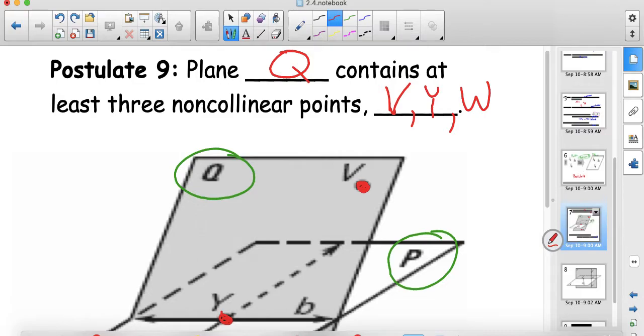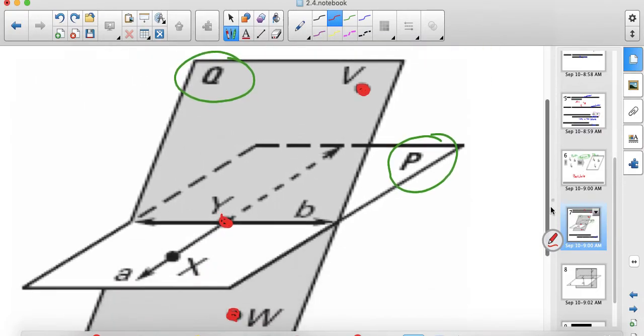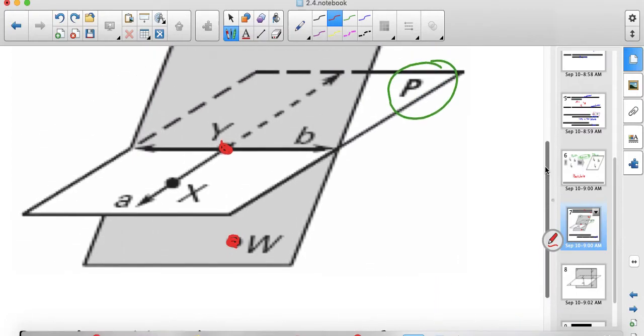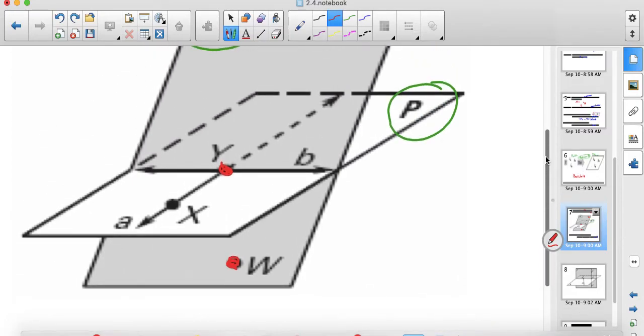If you look at postulate 11, it says the intersection of plane P and plane Q is a line, since two planes intersect to form a line. And this specific line we're looking at here is this line right here, which is called line B.